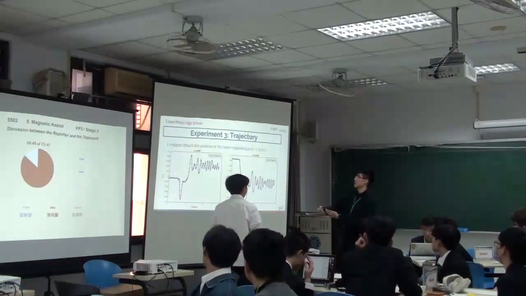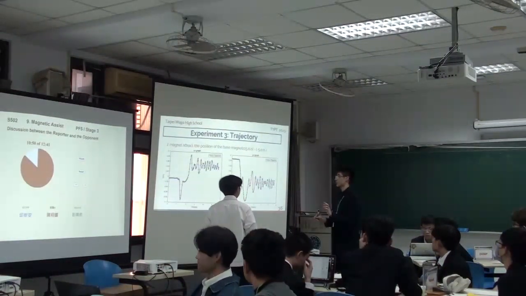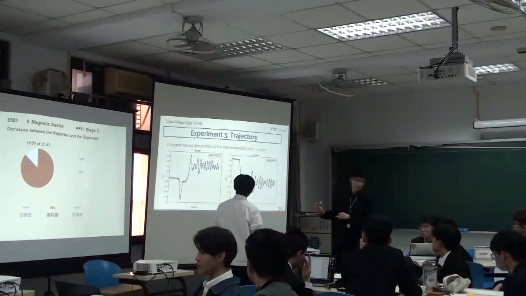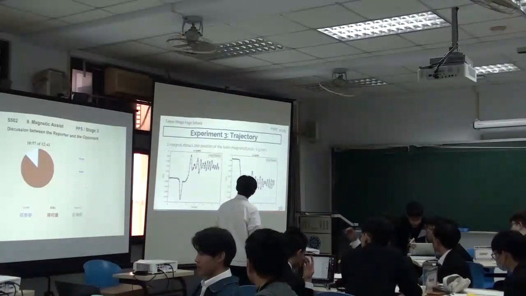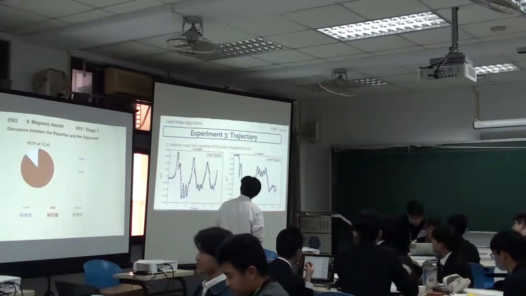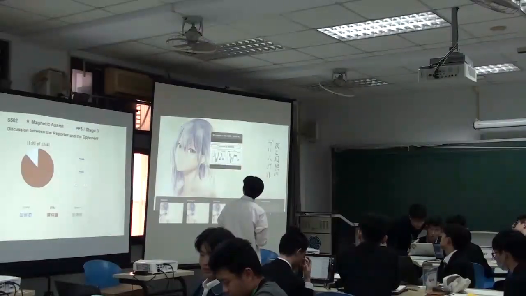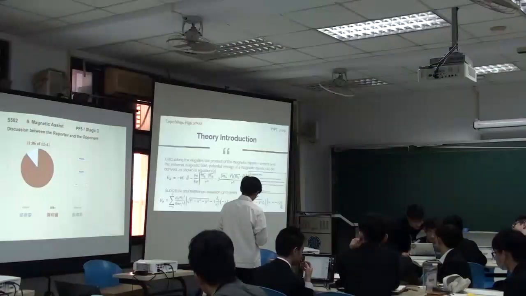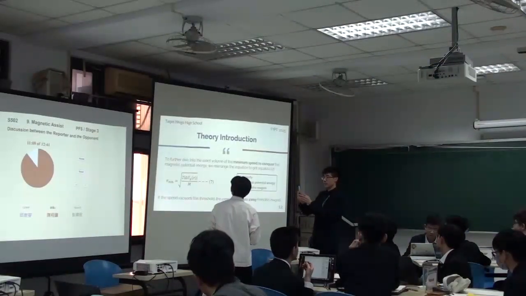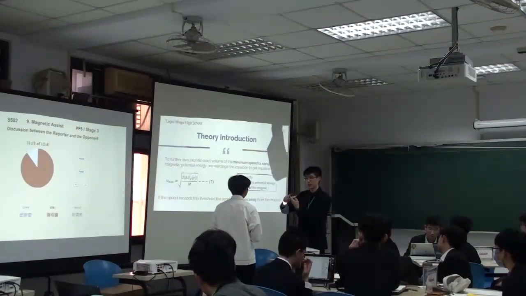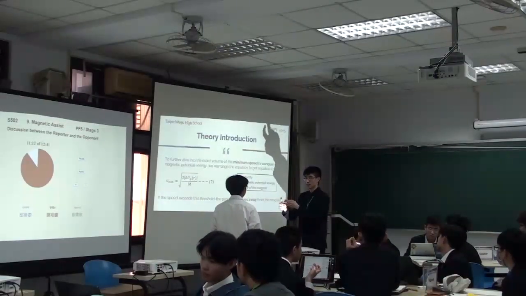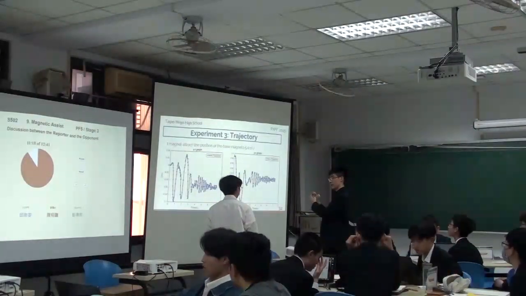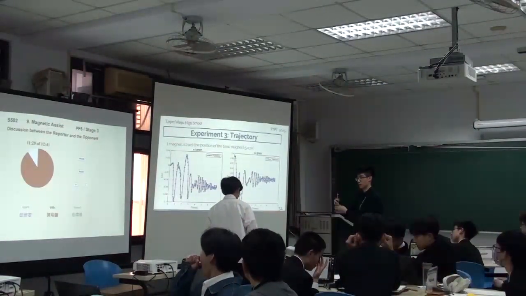I do suggest you compare these graphs. This is a good idea, but not two magnets attracting against one magnet repelling. Instead, you can compare one magnet repelling and one magnet attracting trajectories. This will be more meaningful. And two magnets attracting with two magnets repelling. This will be better if you want to compare the trajectory.